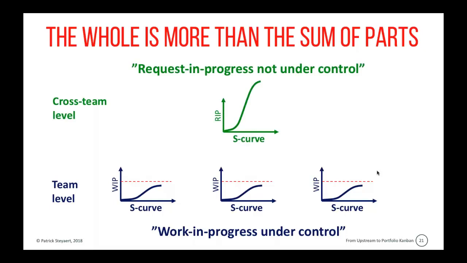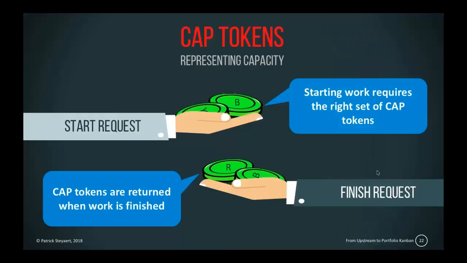But if you look at the cross-team level, at the request level, the requests in progress are not under control because we start requests that we cannot finish. So this is a situation that we want to avoid at all costs. So we can introduce the notion of cap tokens, representing the capacity of teams to work on requests.